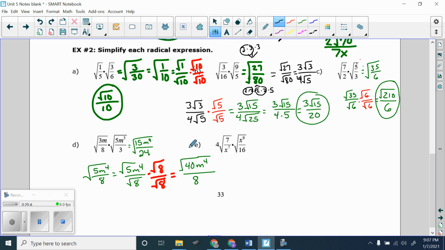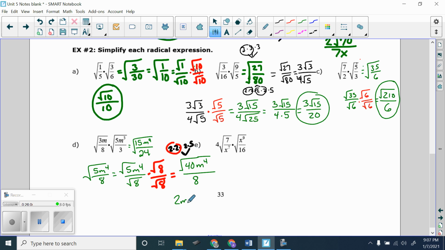The top simplifies to 2 times 2 times 2 times 5. 4 times 10 is 2 times 2 times 2 times 5. A pair of 2's comes out. So I end up with 2 radical 10, and the m to the fourth comes out as well.